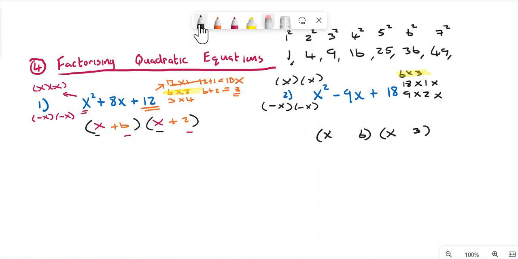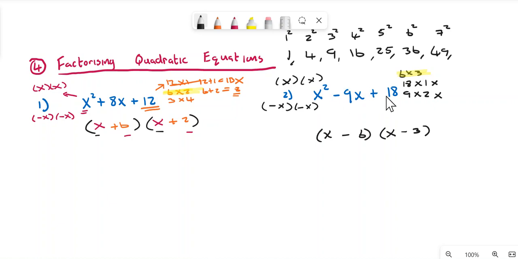If I try two minuses, x by x gives me x squared, x by -3 gives me -3x, -6 by x gives me -6x, -6 by -3 gives me +18, and if I add the x terms together, it gives me -9. So these are the factor pairs for this quadratic as well.